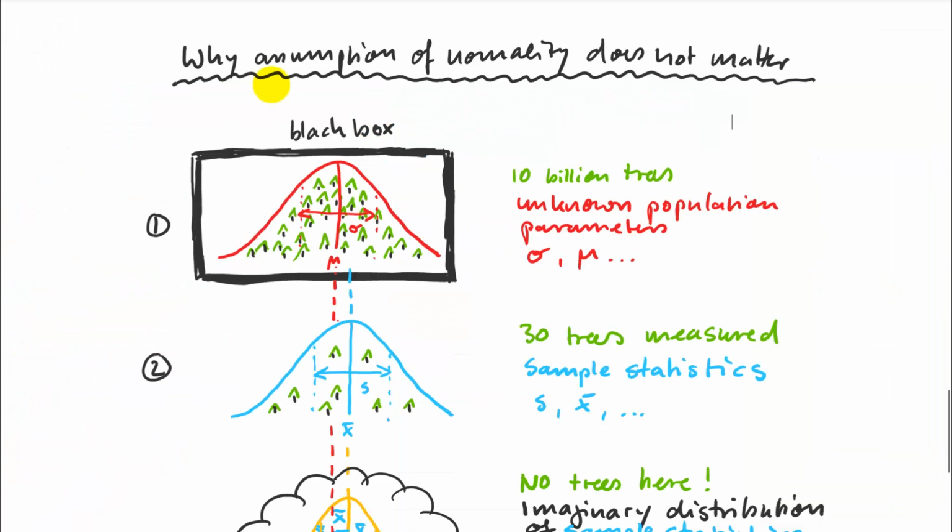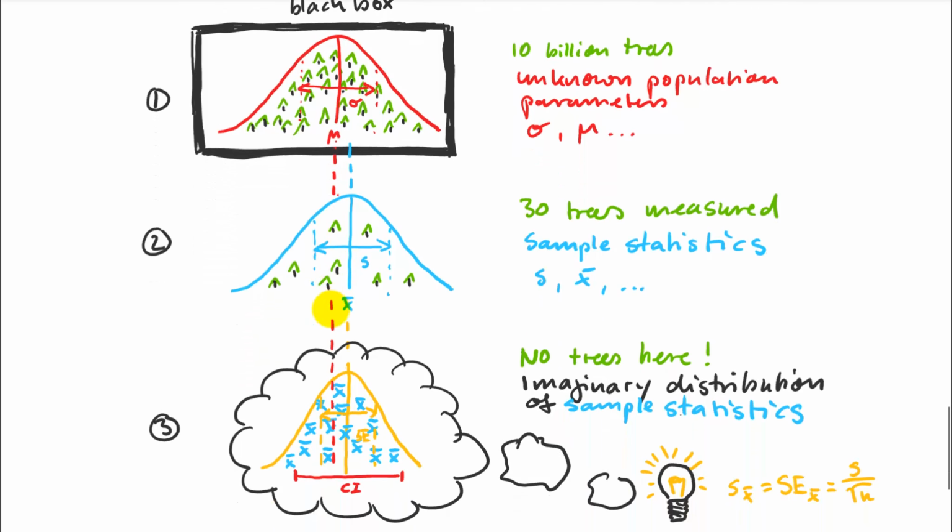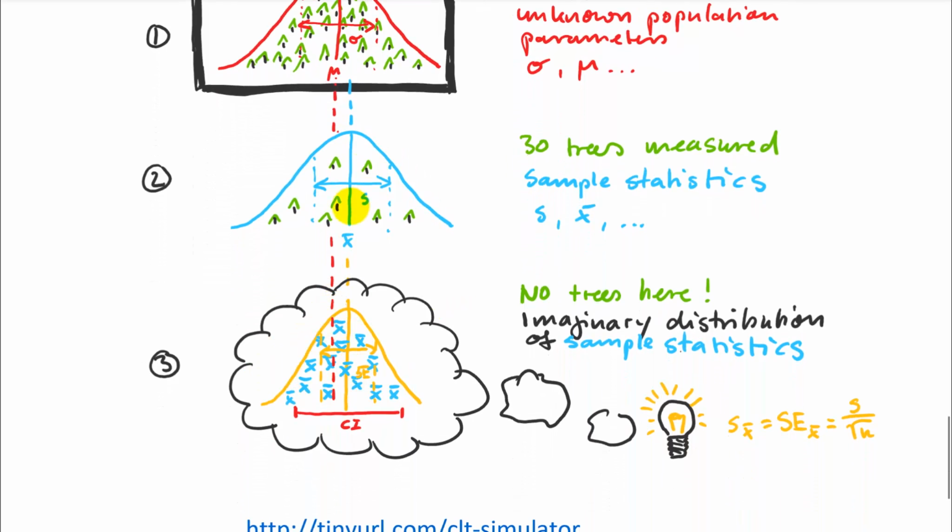So if you wonder why that is, that the assumption of normality in most cases really does not matter, you just have to think back about the fundamental principles of statistical inferences that we covered. So if you recall, the population for us is in a black box, right? We normally don't know the distribution or the means of the population. So we just take a sample, and that sample here jumps around, just like we've seen in that simulation that we just did. And so what statistical inference is based on is then the imaginary distribution of those means, right? And those are actually normally distributed, even if your original population isn't, right?